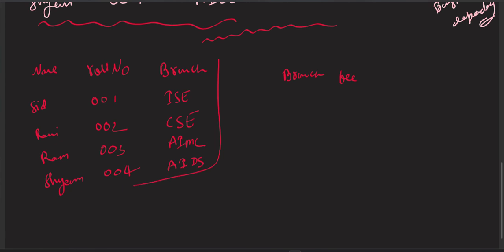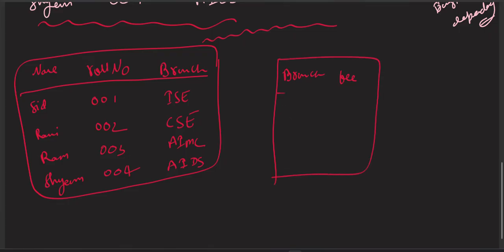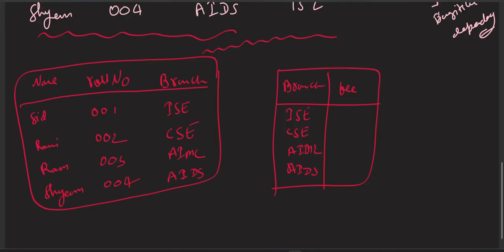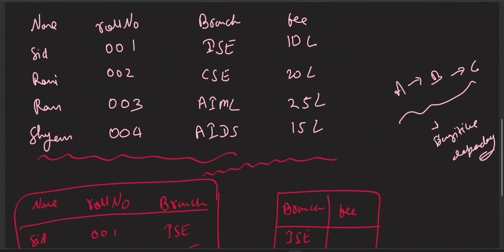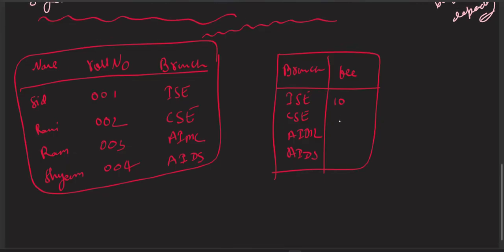So this will become our first table. And the second table will be ISC, CSC, AIML, AIDS, and the fee is 10, 20, 25, 15 lakh.